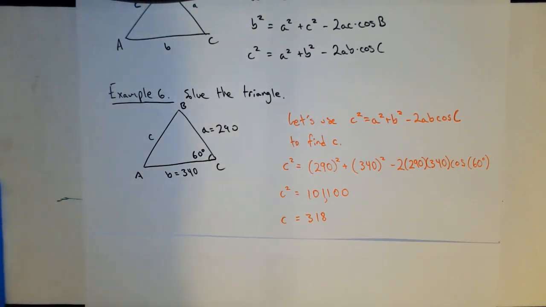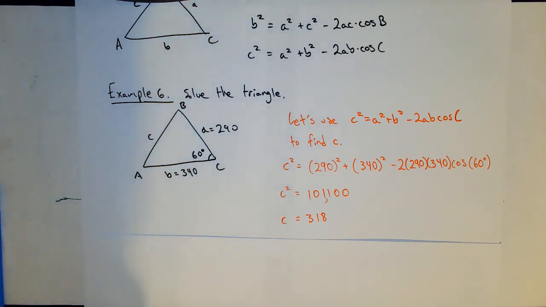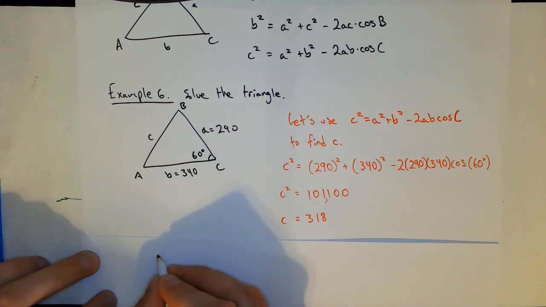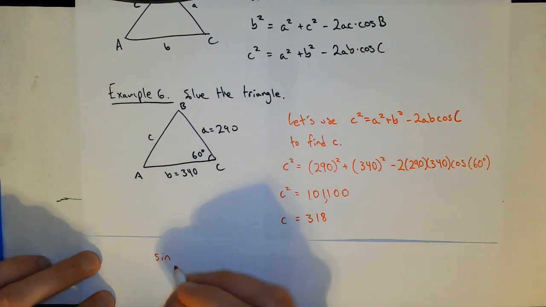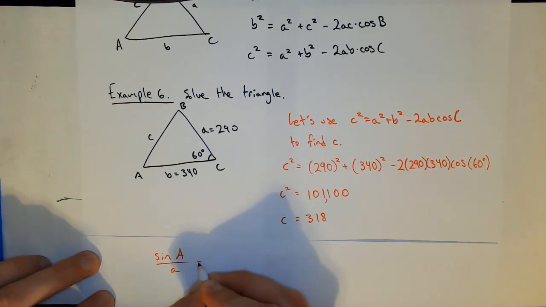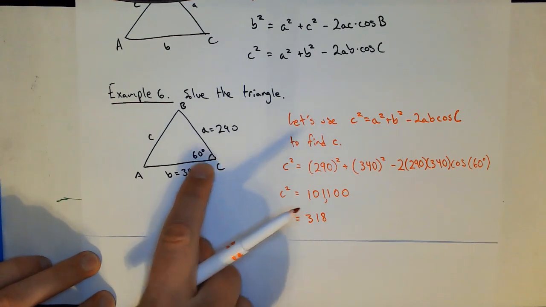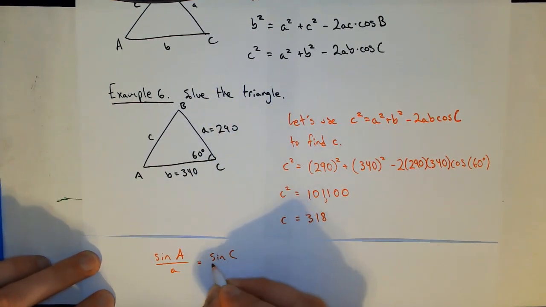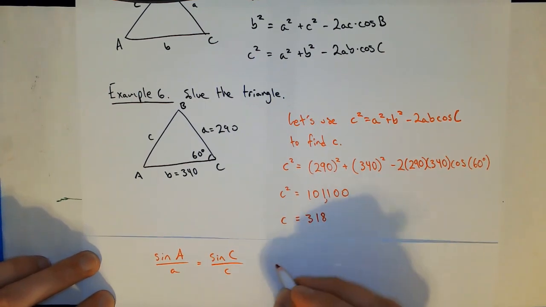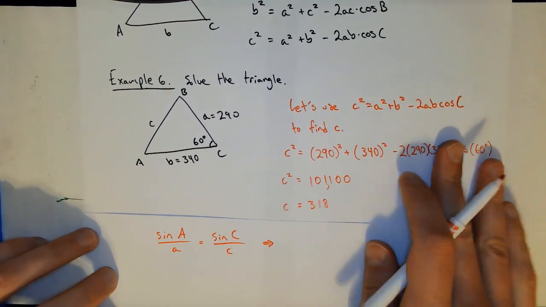Okay, now I can use the law of sines to finish this problem, because now I can say sine, what do I want to go for? I'll find angle A. Sine of A over little a, and now since I know angle C and side C, that's what I'm going to use here in my setup. So then I'll go this way just to save some space.